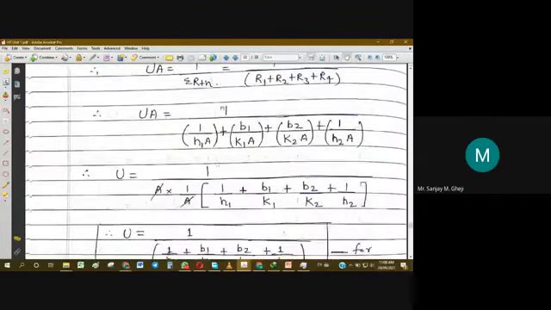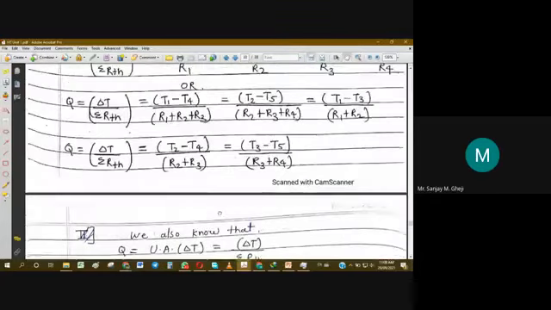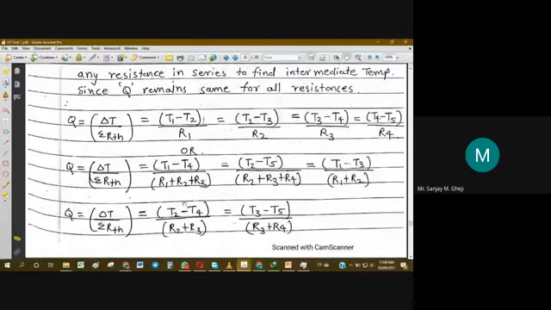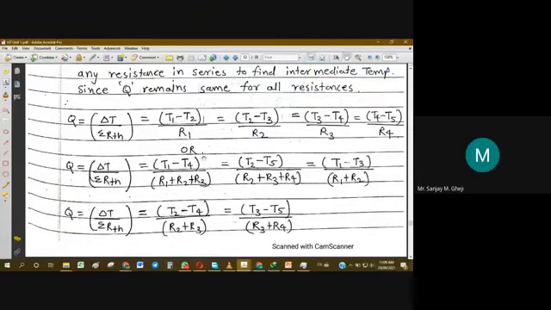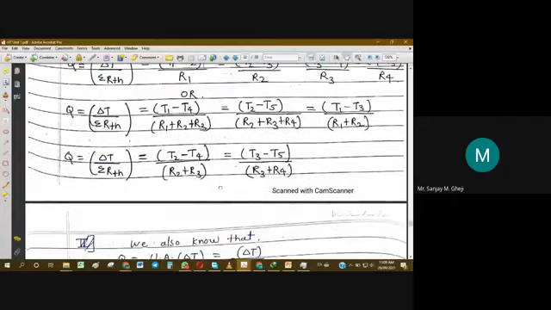Just as a general theory, I have put all these equations, but this will be clearly understood only when we solve some problems. When we see a variety of problems and go on using or modifying these equations, by doing that exercise only, you will get a clear idea of how this works and how they should be used.